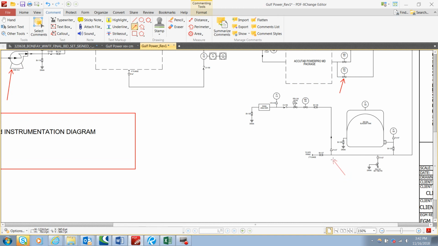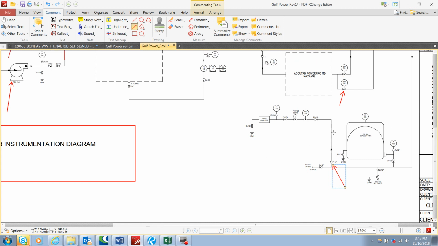Anytime there's a change in pipe, we put reducers, or we label the pipe size here, we indicate what it is. Notice a couple of things on here. There's not any call outs or leaders. We put boxes or indicate through symbols what the particular little piece of the puzzle is.